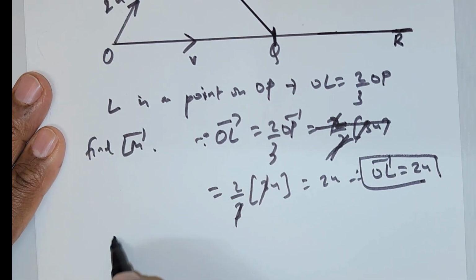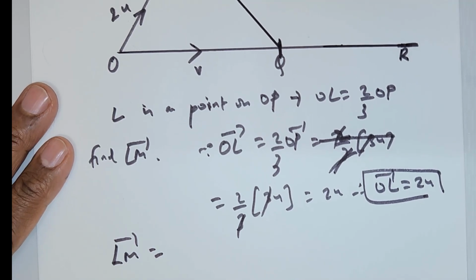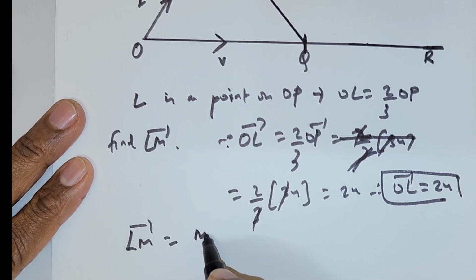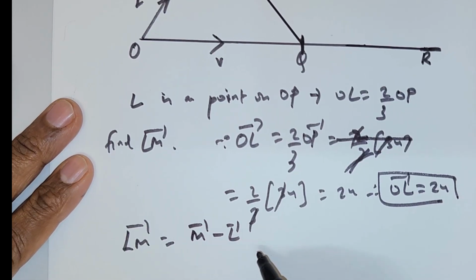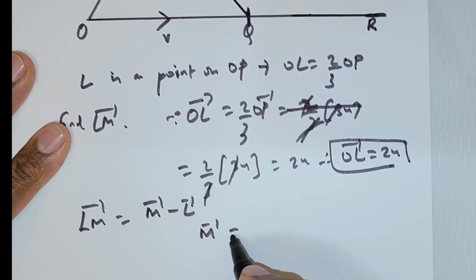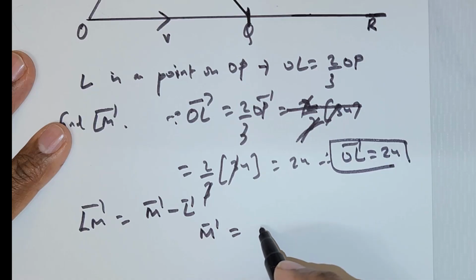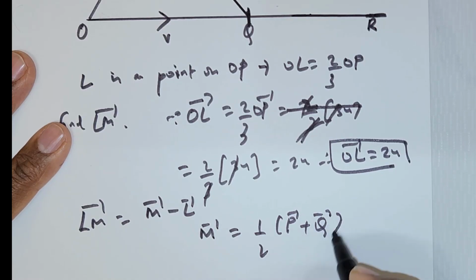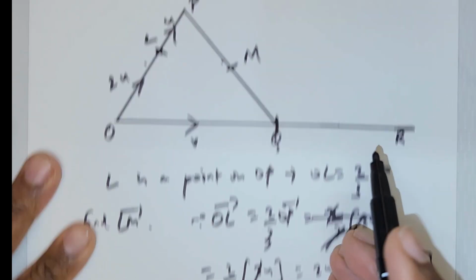So now we have to get LM. Now LM vector has to be got. Now what is LM vector? Now LM vector is M vector minus L vector. Now we need M vector. M is the midpoint, so that means half times P vector plus Q vector, because M is the midpoint of PQ.